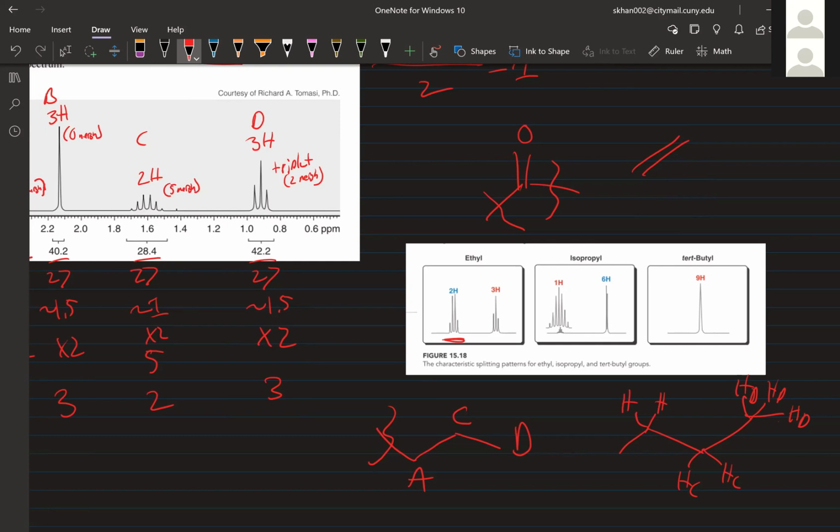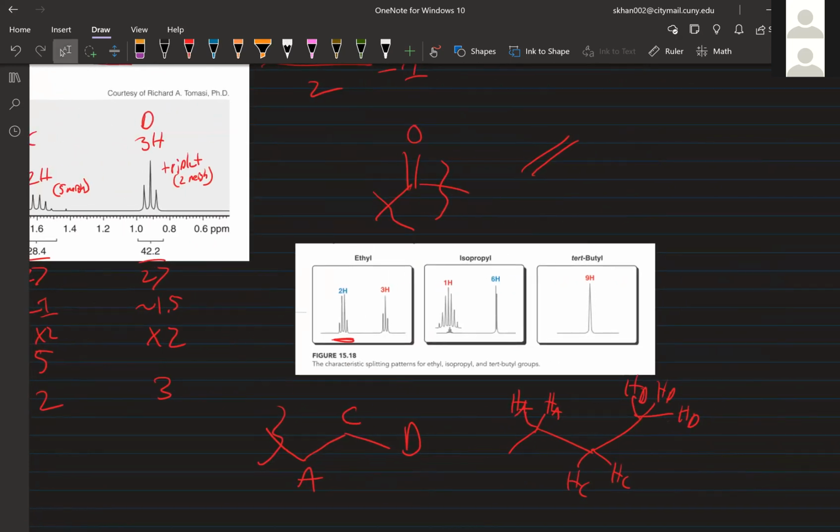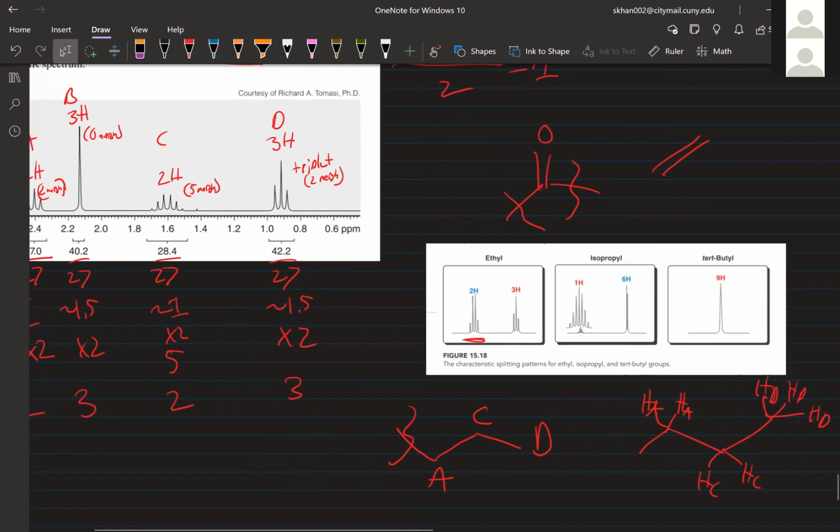So 1, 2, 3, 4, 5. And the only other signal that has 2 hydrogens is signal A. So these have to be from signal A. And now all the multiplicities and the integrations line up. So hopefully, does that clear up a little how we basically got that part of the structure?